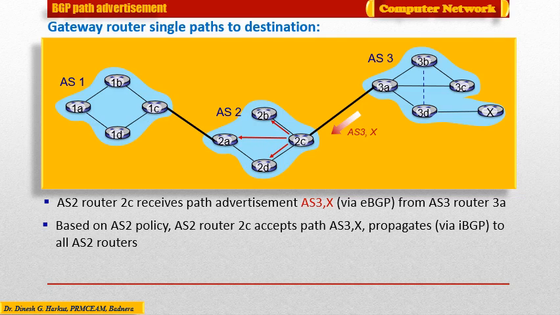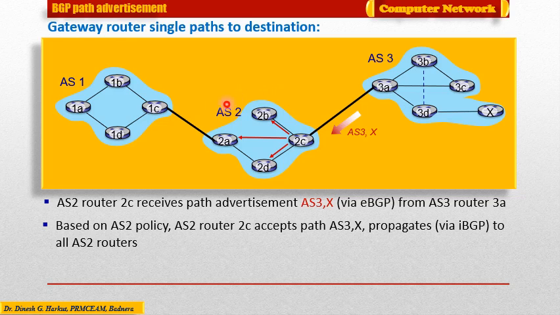The AS2 router, on receipt of the advertised route from AS3 over eBGP, that is on receipt of this advertisement from 3A, a gateway router that belongs to AS3 over this eBGP session, this gateway router belongs to AS2.